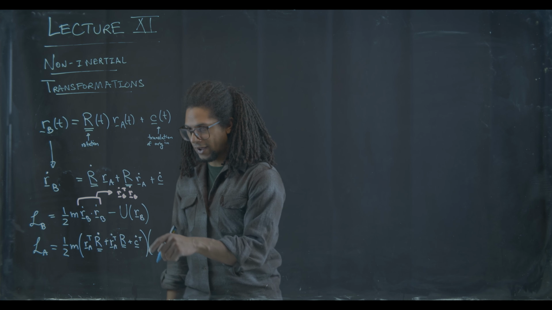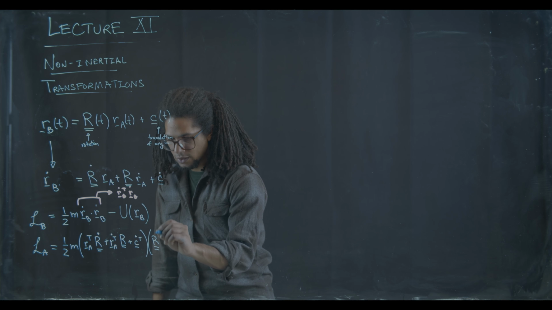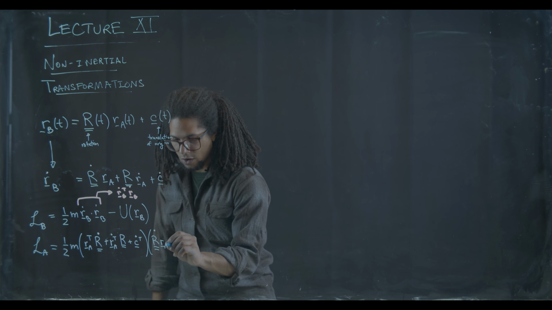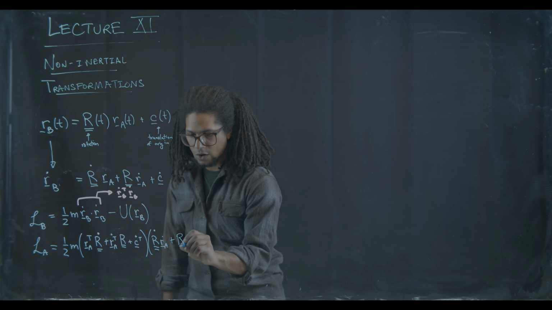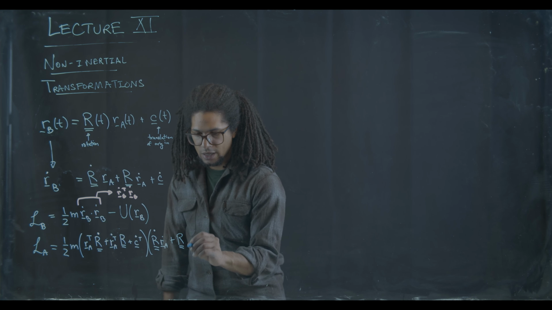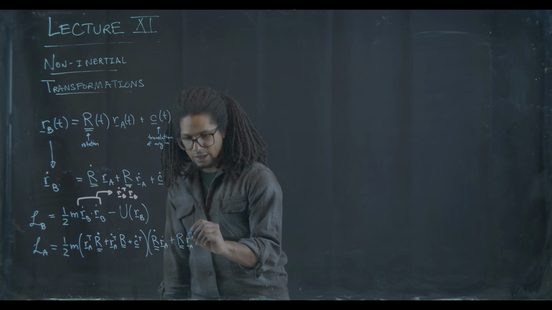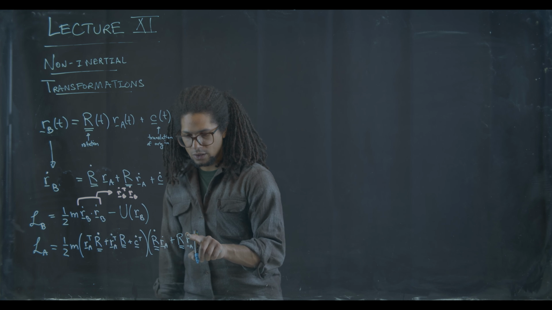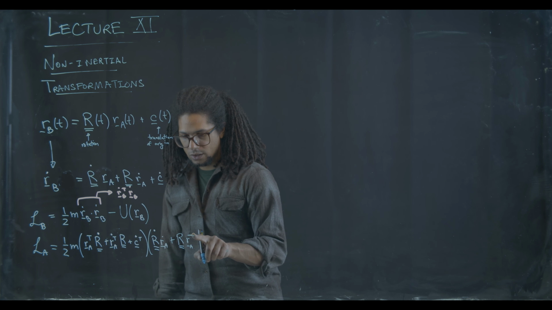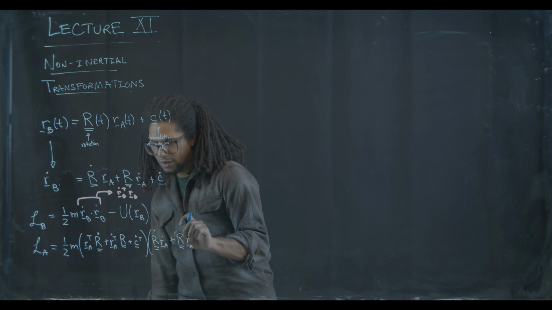Great. Now for the next vector, for the vector, not the covector, I'm going to get R dot times RA vector dot plus R matrix times RA dot times, okay, I have an error here.